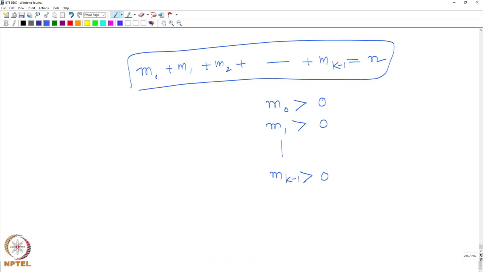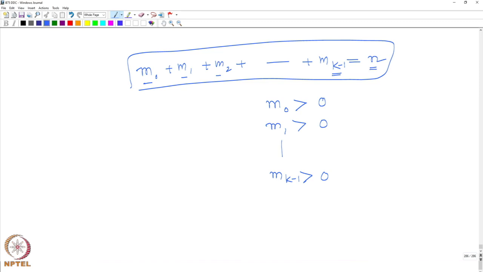So then what can you say about this number n? This number n obviously has to be bigger than or equal to k, yeah. Otherwise you see, n will be exactly equal to k if you have, see, if this is 1, this is 1, this is 1, this is 1 and so on.